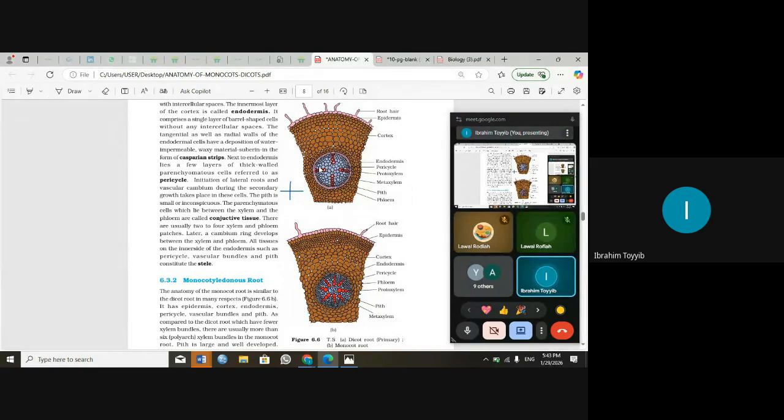We have 1, 2, 3, 4. How many vascular bundles do we have here? 1, 2, 3, 4, 5, 6, 7, 8. Even 8. So you know that it is the monocot root that used to have up to 8, but in the dicot root, we don't have up to 8, we used to have like 4.